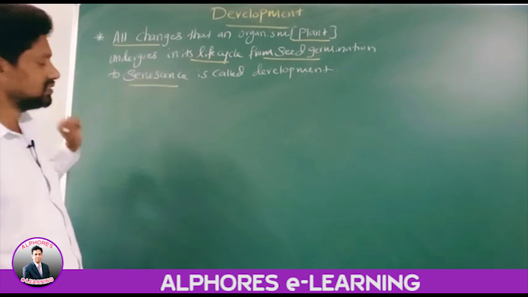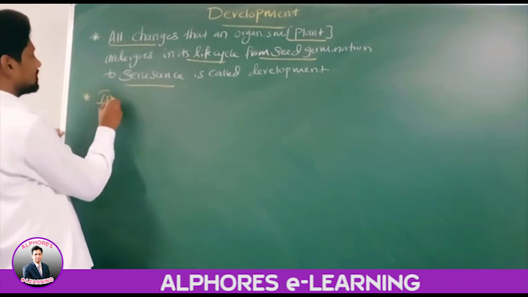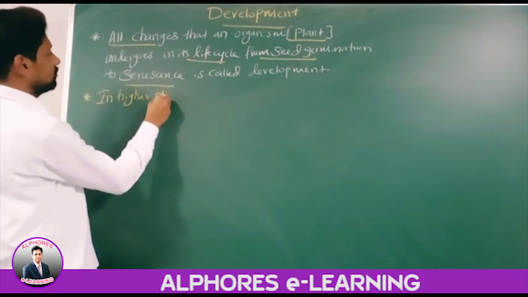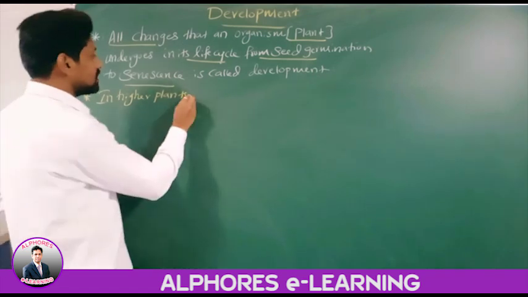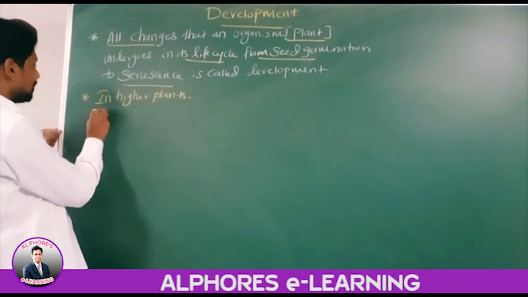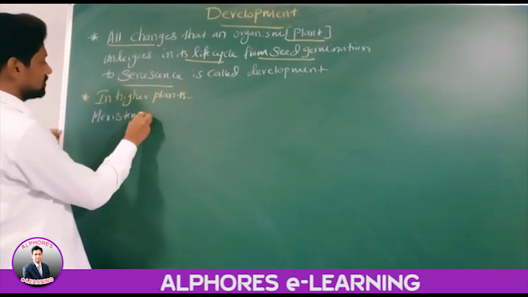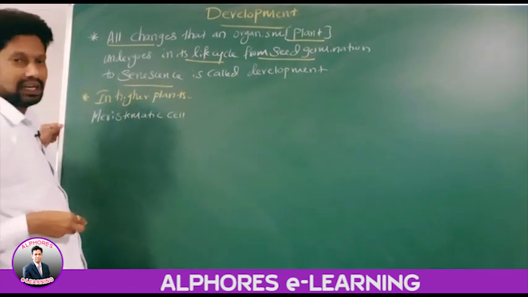Now, in case of higher plants, what is the sequence of this development? I am taking a meristematic cell.